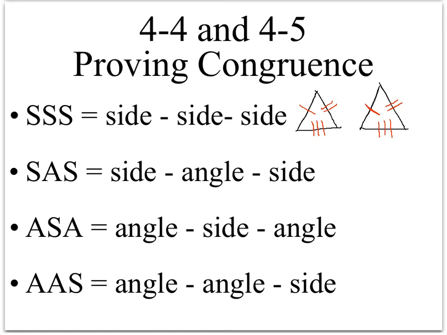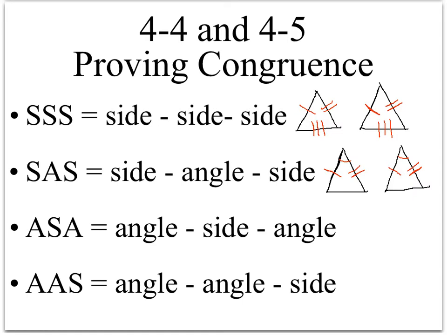Also, if we have two triangles that have 2 sides in common, and then, this is really important, the angle that is in between the 2 sides, if they also have that in common, then the 2 triangles are congruent.